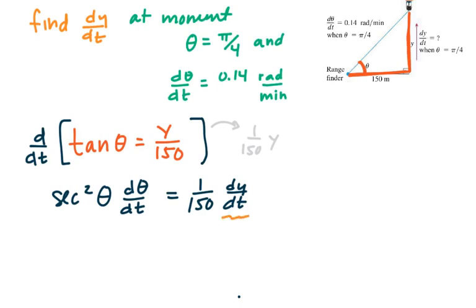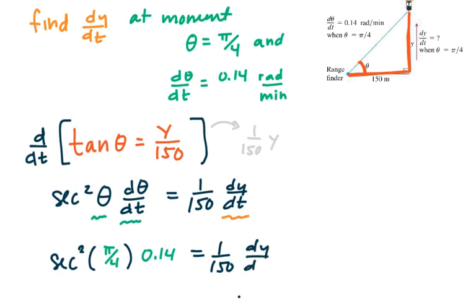And I know two pieces of information: I know theta and d theta/dt. So if I plug those two values in, secant squared of pi over 4 times d theta/dt, which is 0.14, equals 1/150 dy/dt.